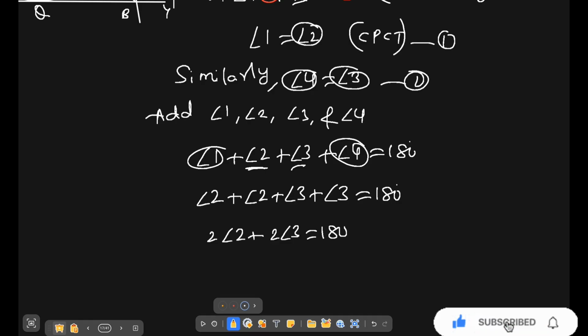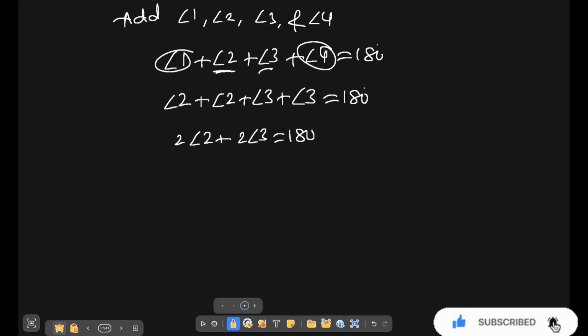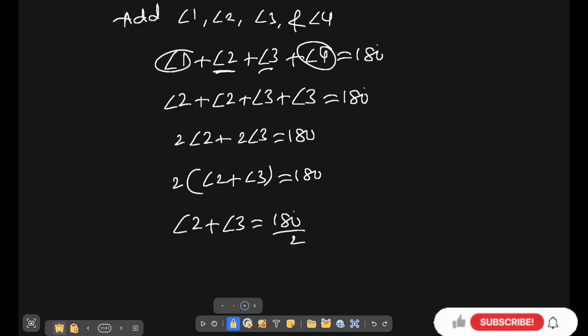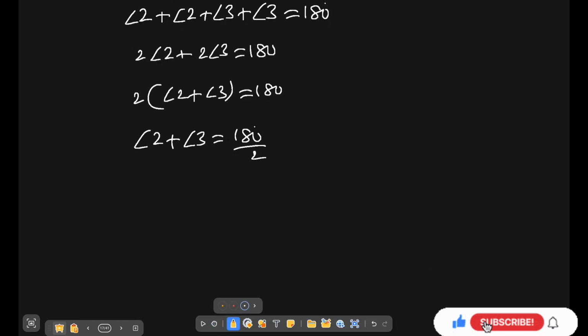So 2 times (angle 2 plus angle 3) equals 180 degrees. Sending 2 to the right side, angle 2 plus angle 3 equals 180 by 2, so we can cancel. Therefore angle 2 plus angle 3 is equal to 90.